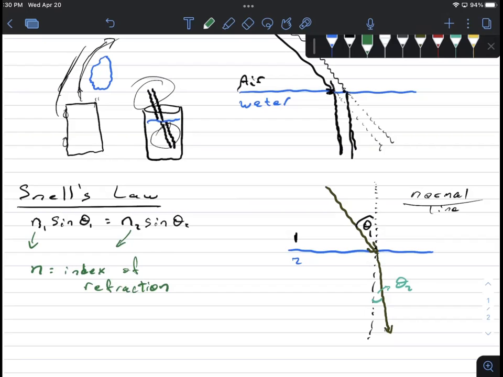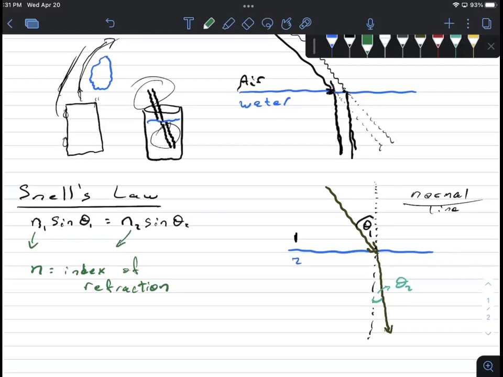Water is a different index of refraction. Just like all the things we talk about, if we talk about, let's say, thermodynamics, and we're dealing with specific heat, aluminum has a specific heat, water has a specific heat, everything has a different one. Same thing here. The index of refraction is different for different materials. And so this is basically telling you what material the light is in.